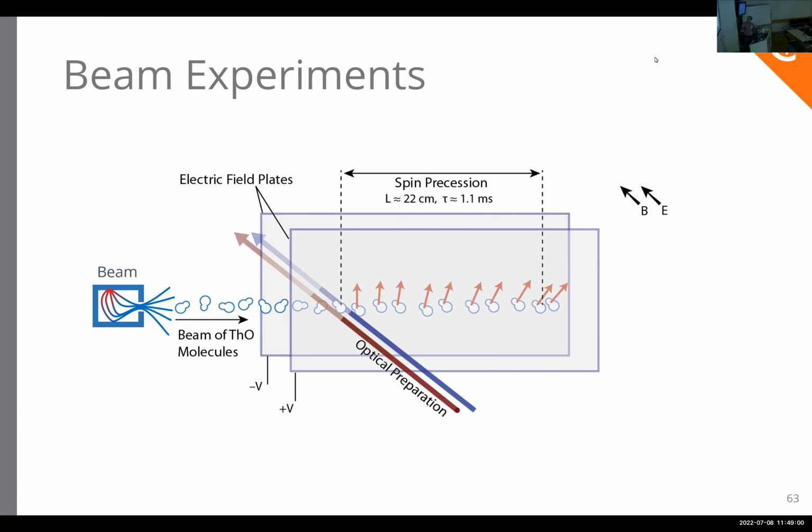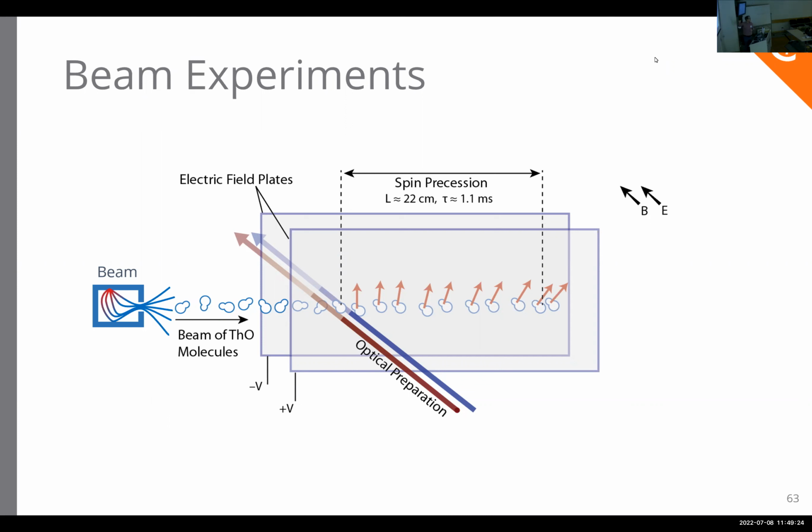When they enter, you have some lasers that put them into a known quantum state, in particular, that align all the electron spins in the same direction, which you can do with polarized lasers, for example. These lasers are just always on, by the way. You shoot the beam through these lasers and they come out spin polarized.